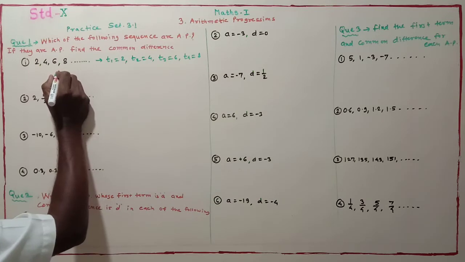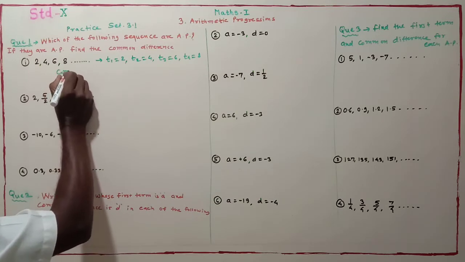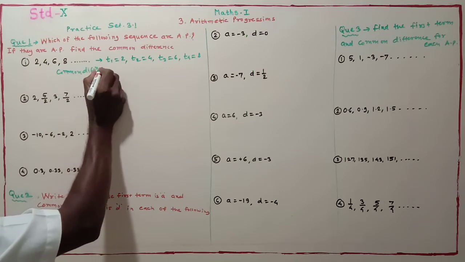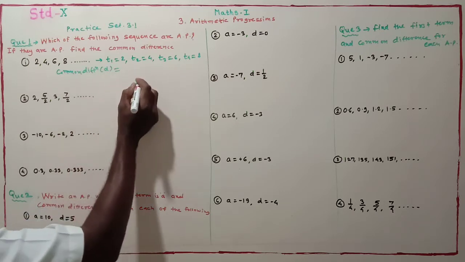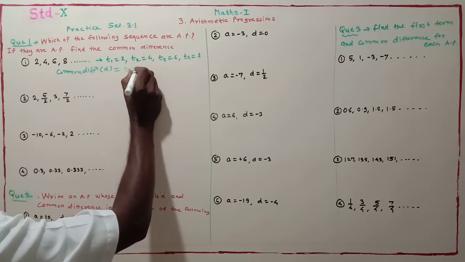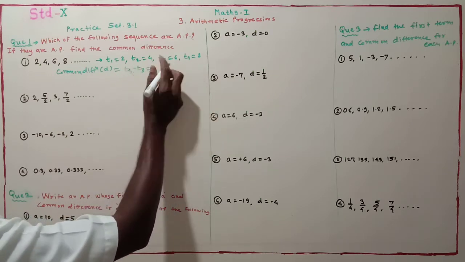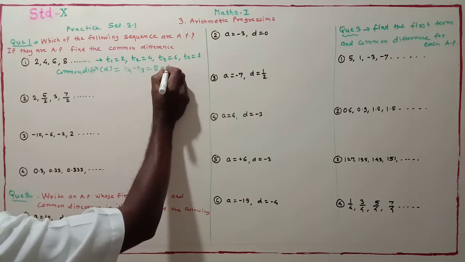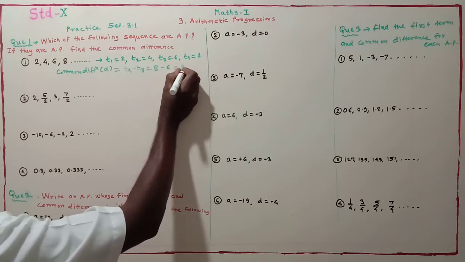Common difference D is equal to T4 minus T3. T4 is 8 minus T3 is 6, which is equal to 2.